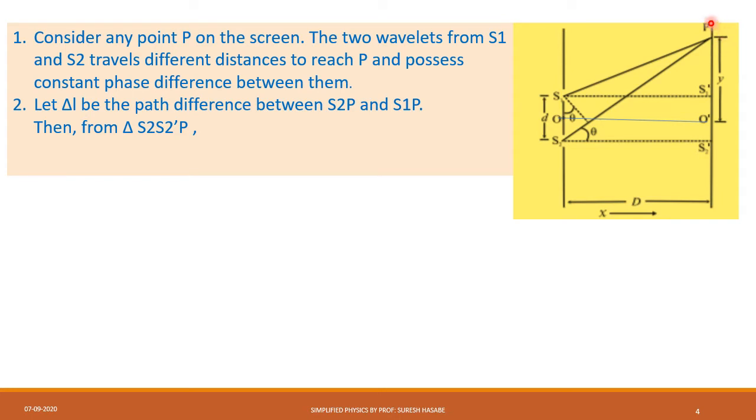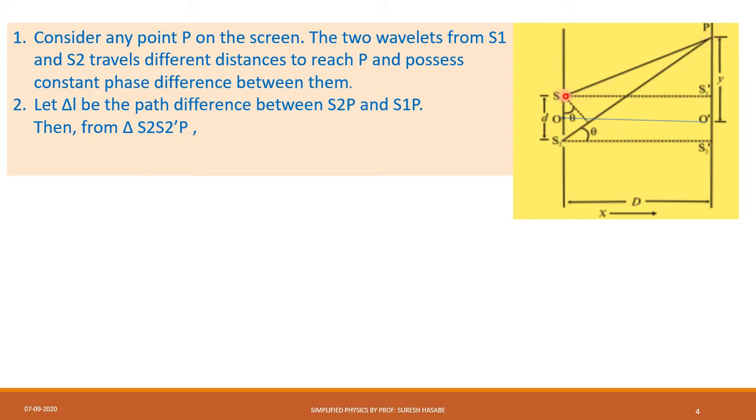Consider this point P on the screen. The two waves or wavelets from S1 and S2 travel in this way to reach the point P. They have to travel different distances to reach point P, and therefore they possess a constant phase difference between them.